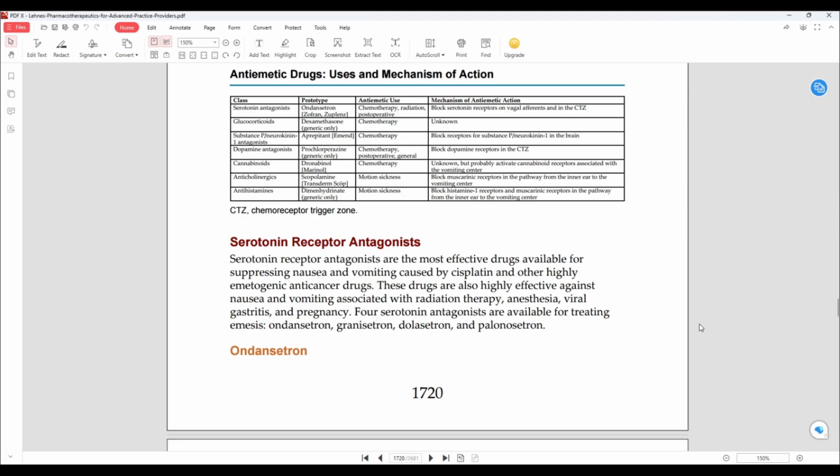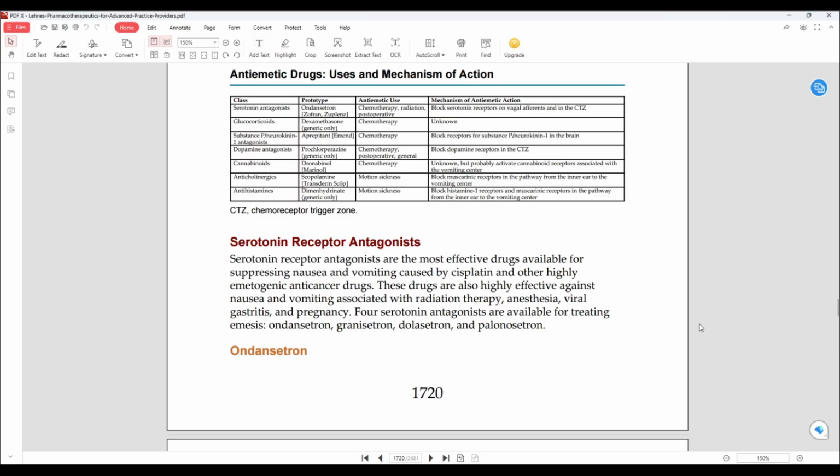So I'll jump right into the serotonin receptor antagonists. Serotonin receptor antagonists are the most effective drugs available for suppressing nausea and vomiting caused by cisplatin and other highly emetogenic anti-cancer drugs.